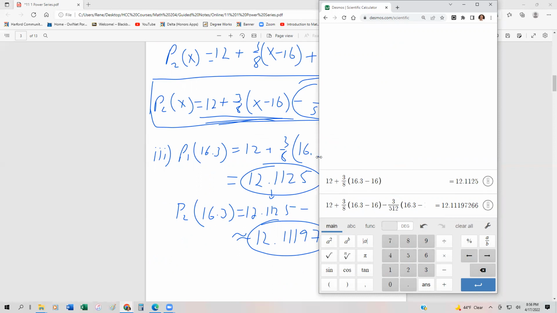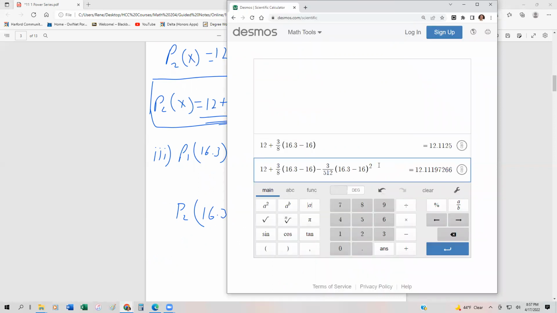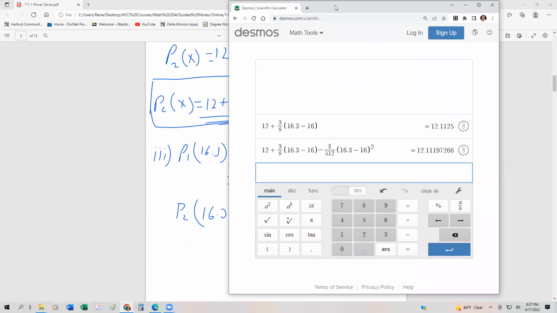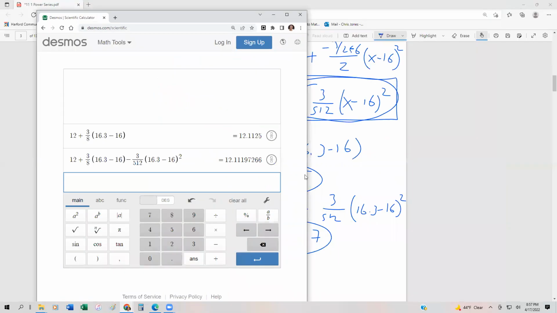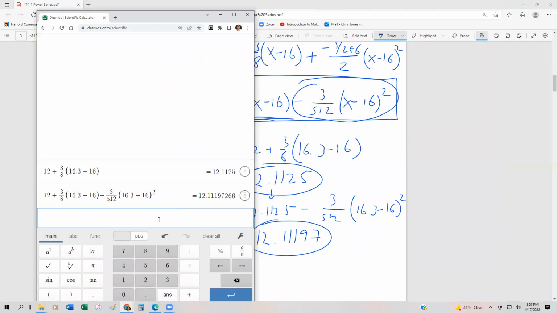And by the way, I didn't ask you to do this, but I'm just showing you how good of an approximation we get just from using the quadratic approximation. So I'm going to type in 3 square roots of 16.3. And look how close this is.